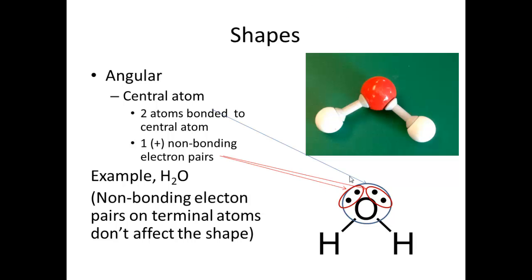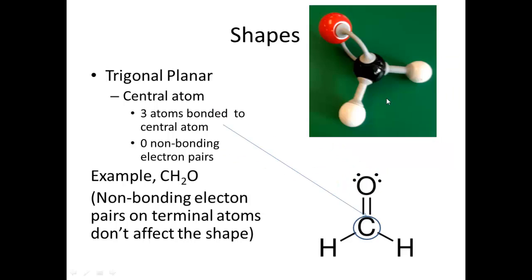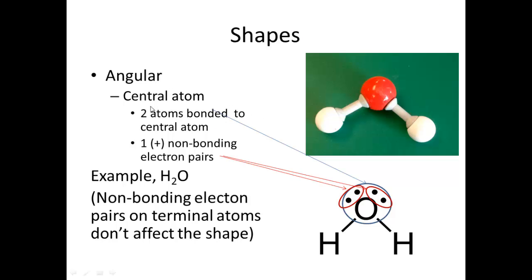The next shape we're going to talk about is angular. It's called angular because the atoms bond at an angle. So the central atom here, oxygen, is bonded to 2 atoms, 2 hydrogens in this case. And if there are non-bonding electron pairs, which oxygen does have, indicated circled in red, that makes the shape angular.